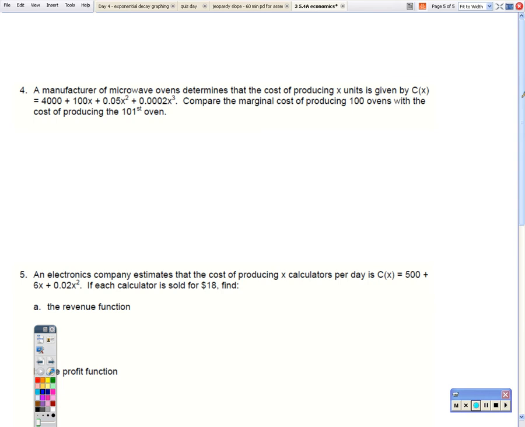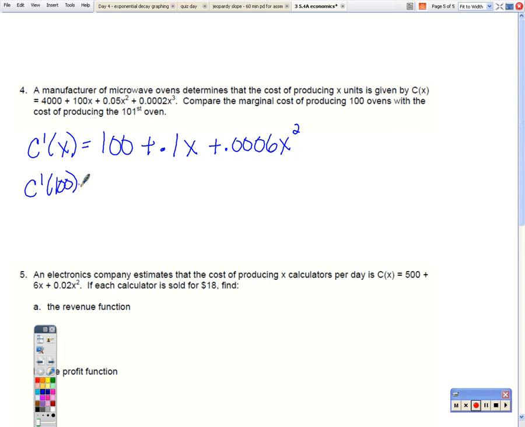Okay, so again, we're going to have to find the derivative of the cost function. Plug in 100 because it wants to know the marginal cost of 100 ovens.